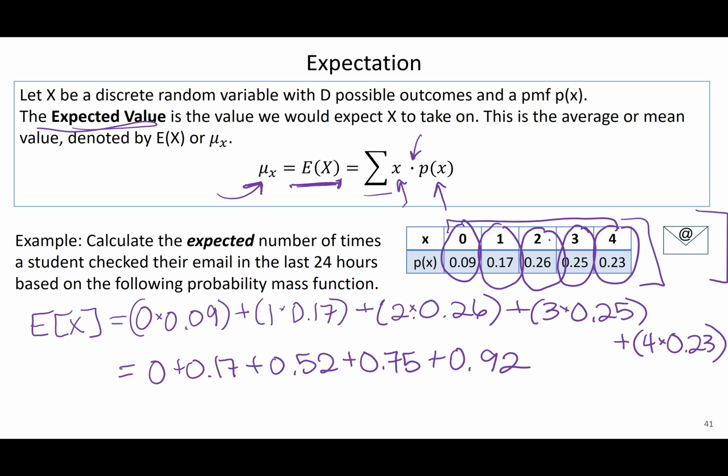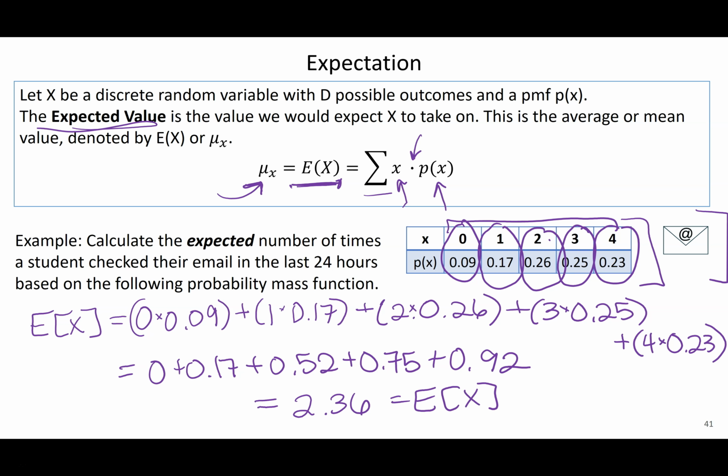Let me double check. Yes, and I go ahead, add those together, and I get 2.36. So this is my expected value of x.